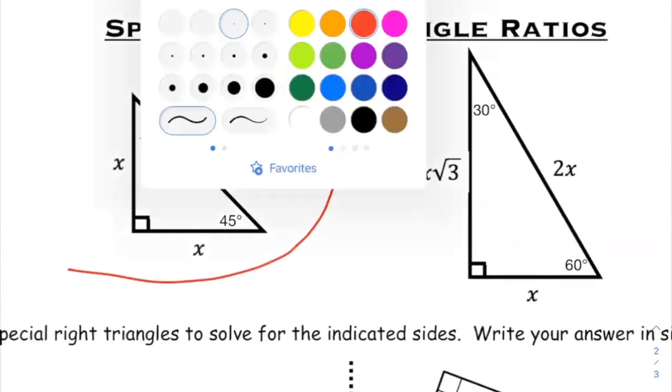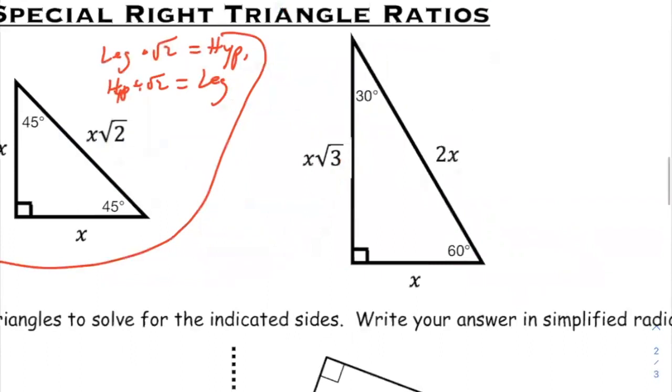Now for the 30, 60, 90, we said that if this is the short leg, and then this is opposite the 30, we know that this is the hypotenuse, opposite the 90, and then opposite the 60 is the medium side, which is the longer leg, okay, LL for long leg.